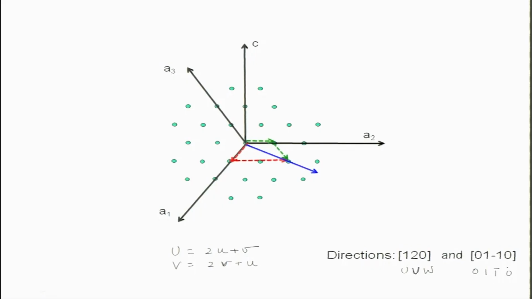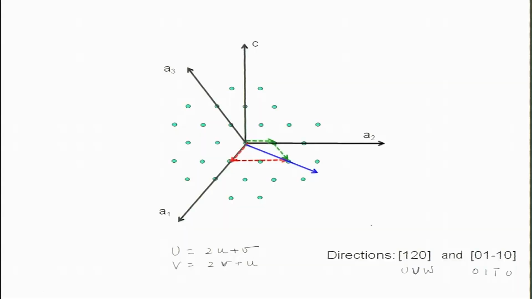So, to draw this direction, you can see you are at this origin, you go 1 along A2, minus 1 along A3 and you will end up at the same point, right. So, whether you follow a 2 axis system, whether you follow a 3 axis system, you end up with the same direction. If you end up with a different direction, that means something is wrong.